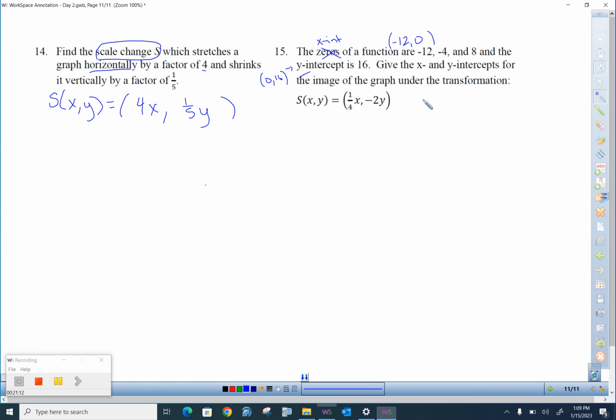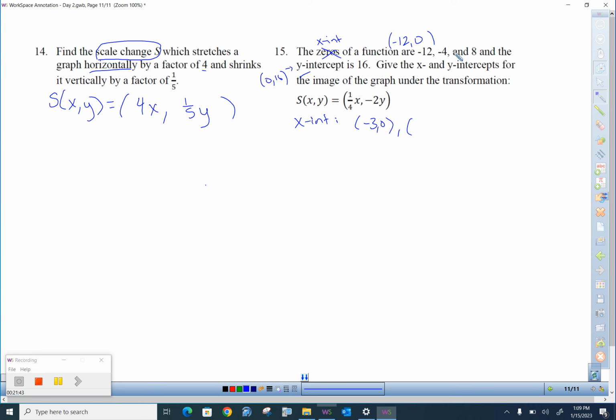Because under a transformation, it tells you exactly what to do. It says take 1/4 and multiply it by the x values. Our x values are x-intercepts, so let's label x-intercepts. And we're just going to plug it in. (-12, 0). This part gets multiplied by 1/4, and anything times 0 just stays. So we've got (-3, 0) for the first one. Make sure it says an ordered pair.